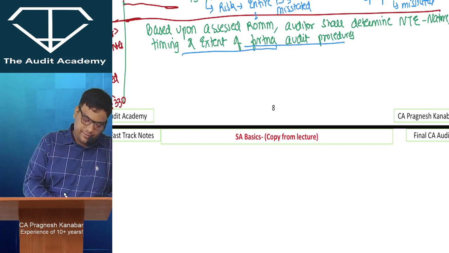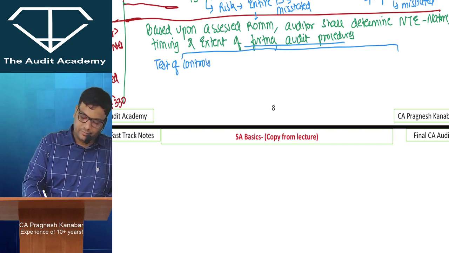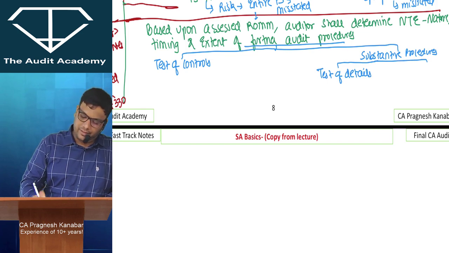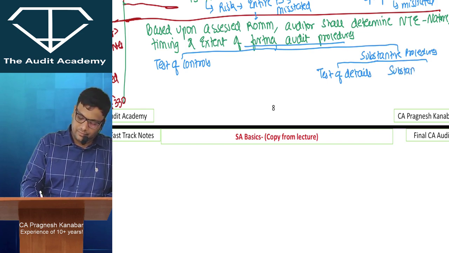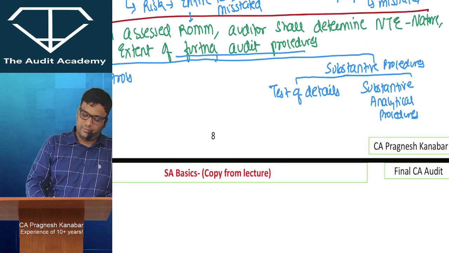Further audit procedures are divided into two: test of controls and substantive procedures. Substantive procedures are divided into two: test of details and substantive analytical procedures.